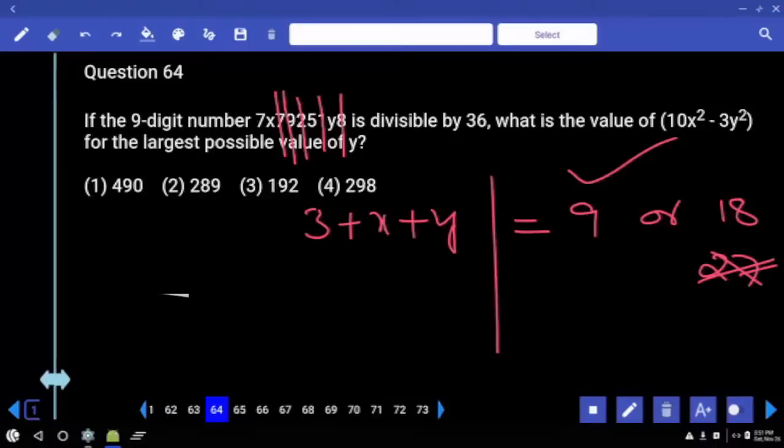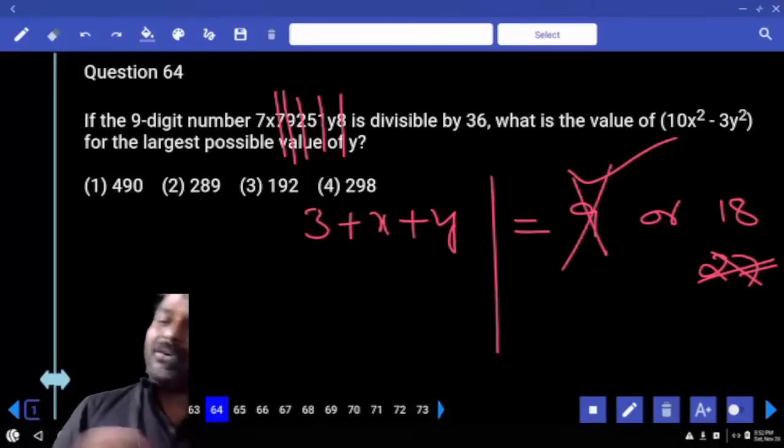Now when you read the question carefully, what is the value of 10x square minus 3y square for the largest possible value of x, of y? For y to have the largest possible value, will it be in 9 or in 18? Obviously in the bigger number. So we can definitely forget about 9. So let's consider 18.